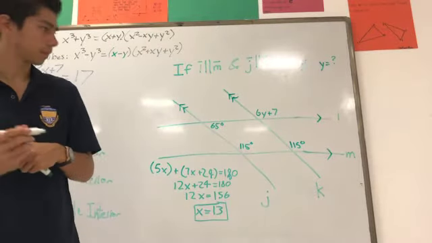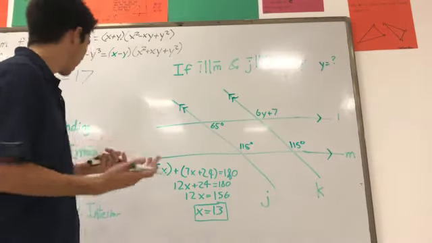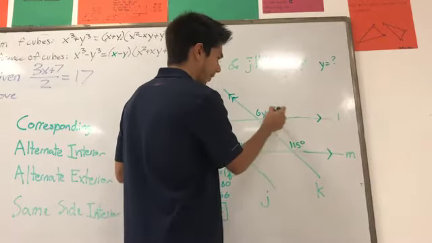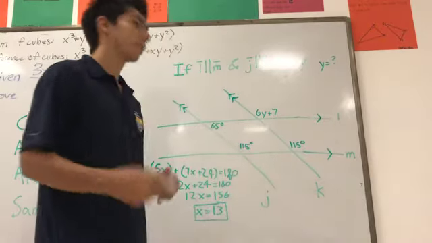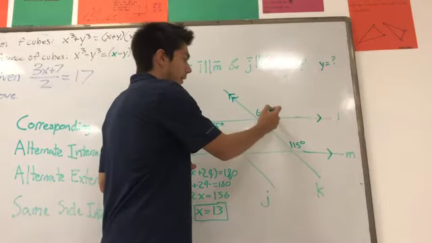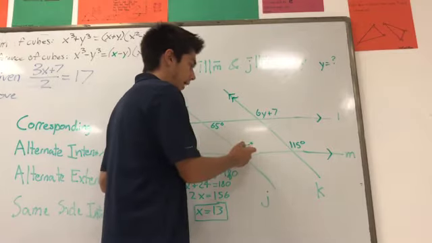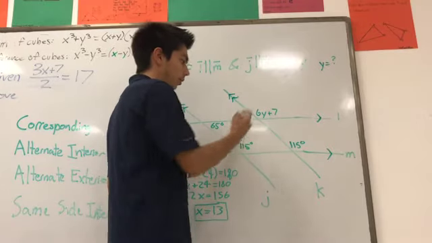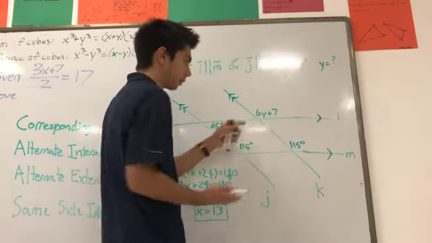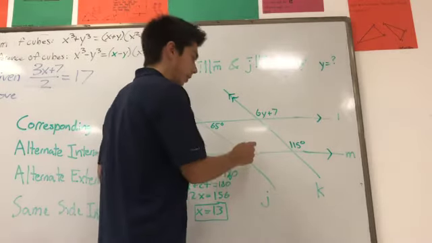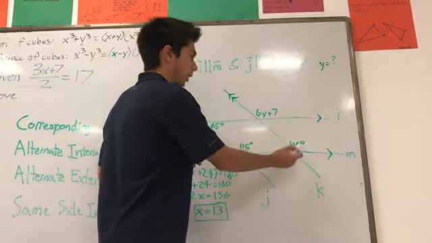Now, if we do that same line of thinking, I see that this angle and this angle are corresponding. That means that this angle and this angle are congruent. And that means logically that this one is congruent to that one, which we can kind of see by the way that we've drawn it, but now we have proof that they're the same, because this angle is corresponding to that one, and this one's corresponding to that one.